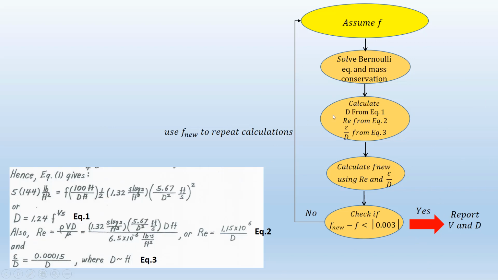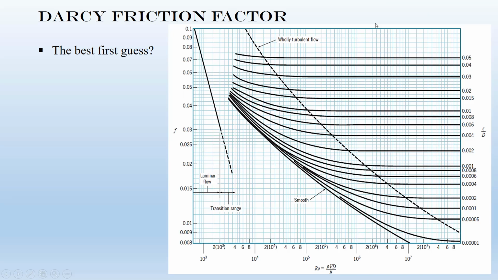You need to just assume a value for f, find D from equation 1, Reynolds number from equation 2, and the relative roughness from equation 3. Now, by having the Reynolds number and relative roughness, you can find f new, and then compare this f new with your assumption.